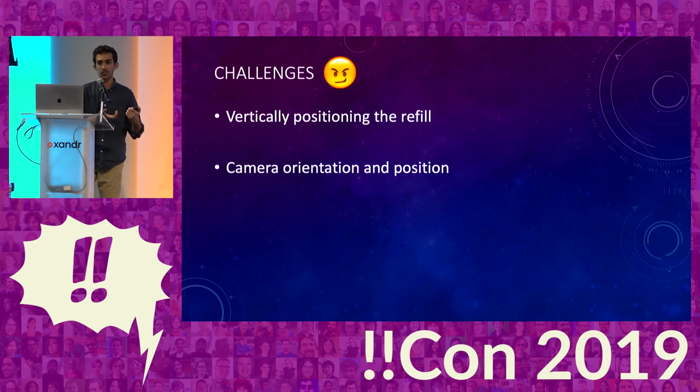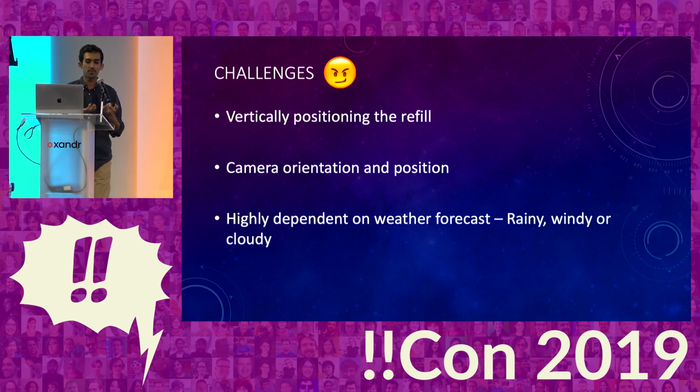And while taking multiple images, you have to maintain a constant vertical distance. That time I didn't have a tripod, so there were a lot of sources of error in the whole process. The process was also highly dependent on the weather. If it's rainy, windy, or cloudy, I could not perform this experiment outside, so I had to wait for a while. Fortunately, it was summer in Bloomington at that time, so I was kind of lucky.